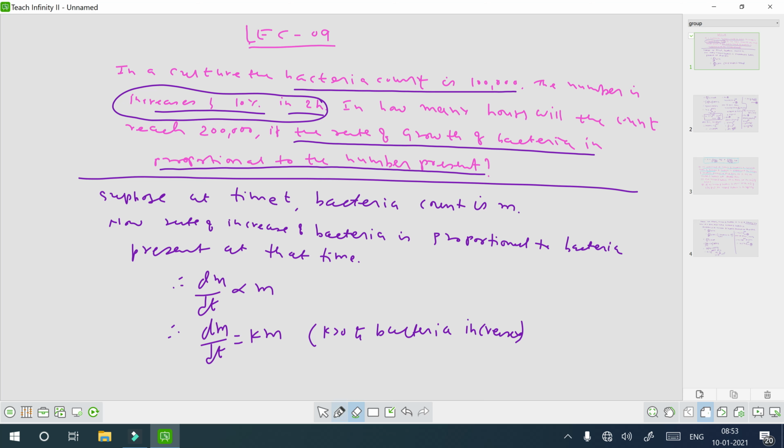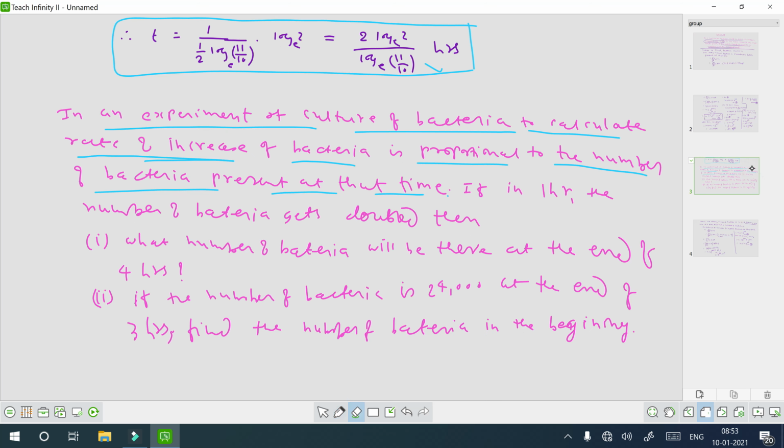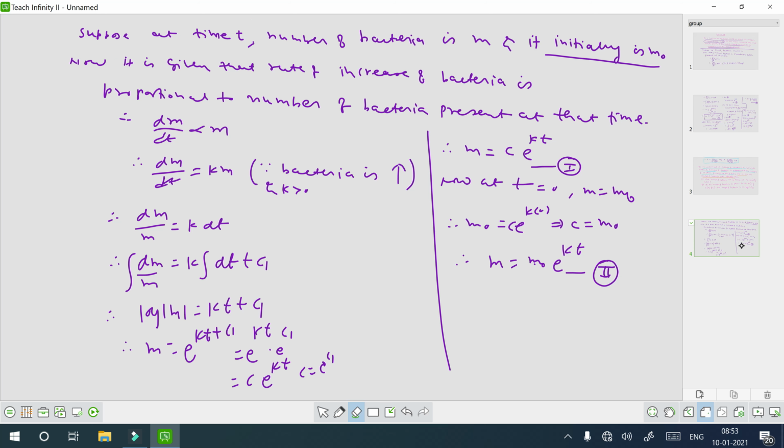Before answering the question, use another part. If in 1 hour the number of bacteria gets doubled, use that here. If t is equal to 1, then m is equal to 2m0.